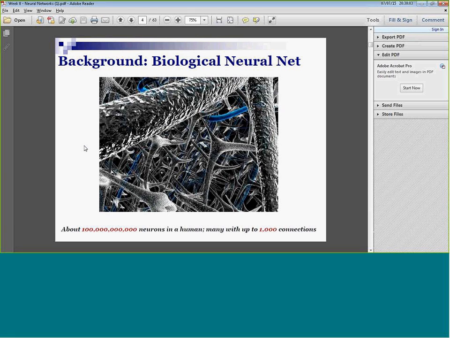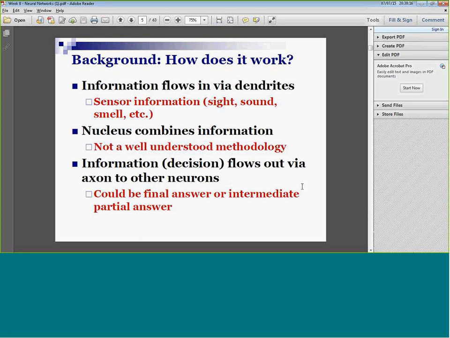So think about a computer, which is basically on-off switches also, and we do quite wondrous things with that. So about 100 billion neurons, many with up to 1,000 connections. So what happens here? Well, information flows in via the dendrites. Something happens, as I said, in that nucleus, and then a decision or an input or a boost or a signal flows out via the axon to other neurons.